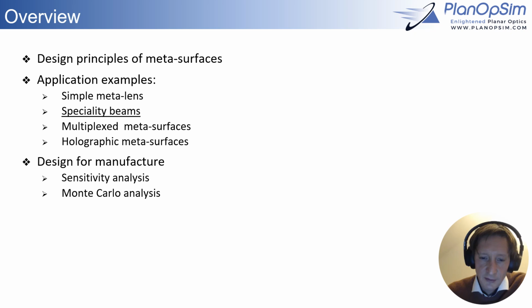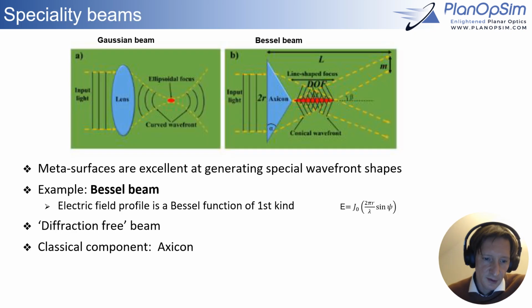We can then go on to calculate other types of metasurfaces, for example, more special types of beam, more complicated beam shapes. And the first example I'd like to show there is called a Bessel beam. And these type of beams are known also as diffractionless beams because they have a special property.